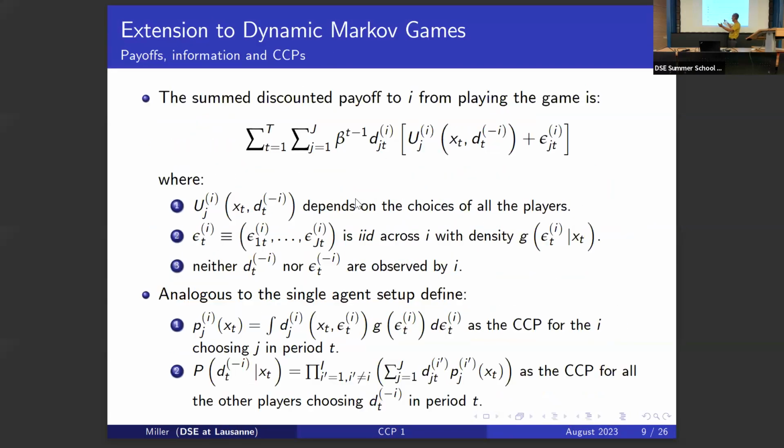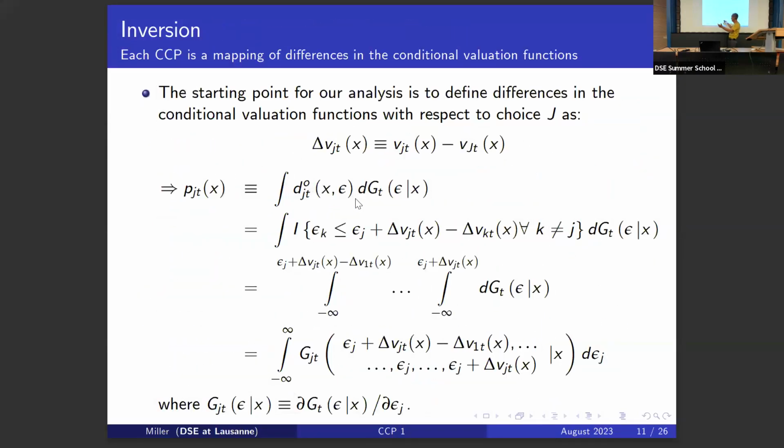Now let's go to this one. The only difference here is I've got a triangle. Where does the triangle come from? I'm just subtracting the big J off both sides. If I had this over here and this here, B_k plus epsilon k has to be less than B_j plus epsilon j given x and given t.